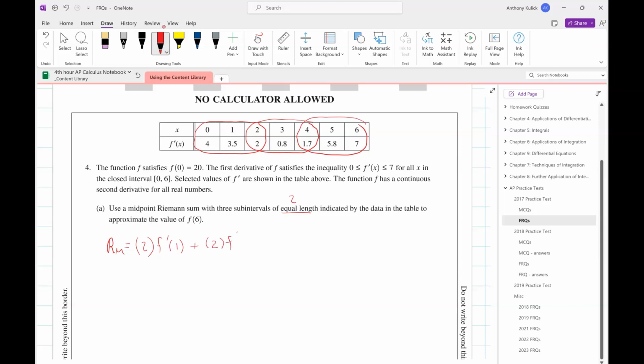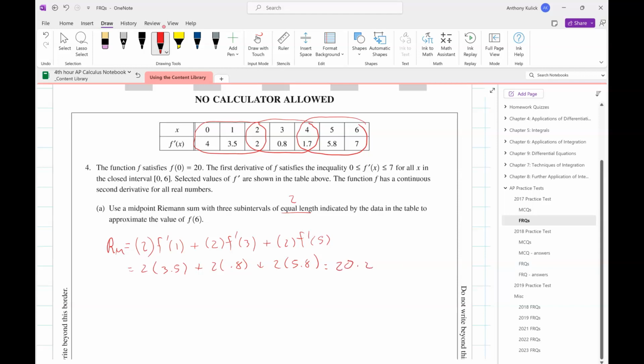For the second one, it would be f prime of 3, or 0.8. And then it would be f prime of 5, or 5.8. And when you do that, I think it's like 20.2 or something.